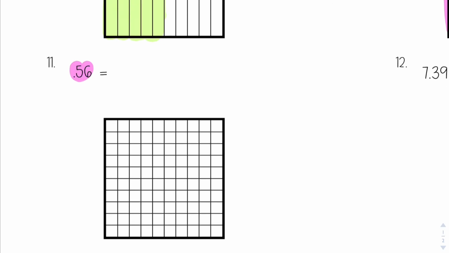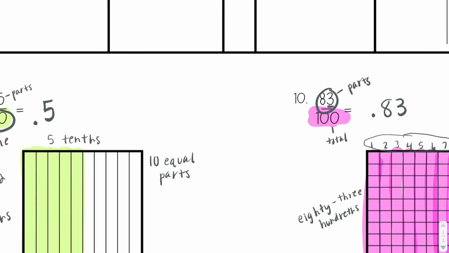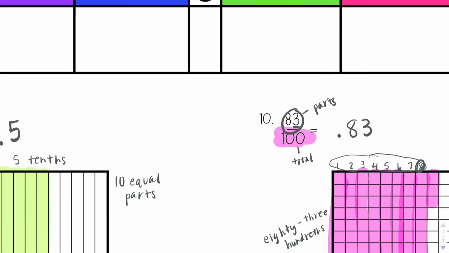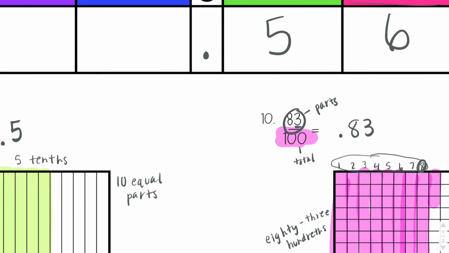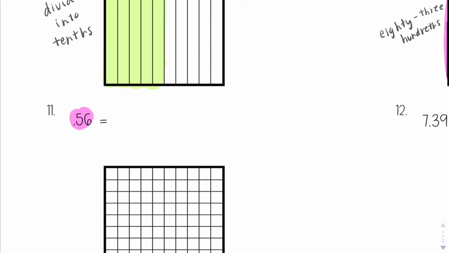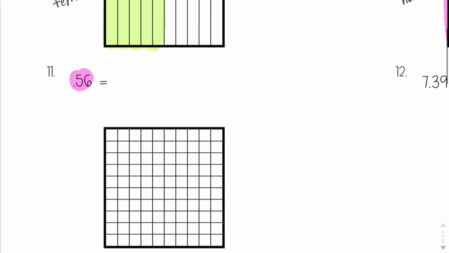Remember, we've talked about place and value. We're now looking at number 11, and I have 56 hundredths, and so I'm going to write that in my place value chart. I have a 5 in the tenths place and a 6 in the hundredths place. It's ending in the hundredths place, and so since it's ending in the hundredths place, I know that my whole is going to be divided into 100 equal parts.